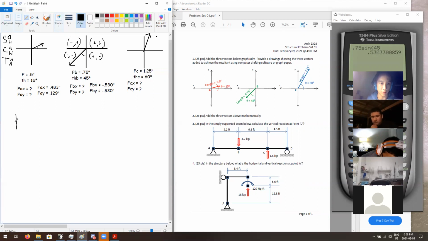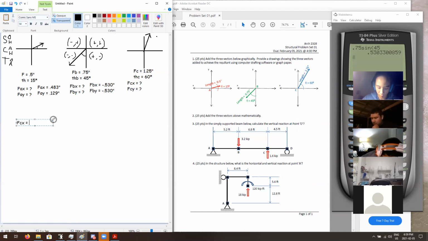Cool. Let's do this. FCX. I'm just going to type it out to make it faster. F sub cx is equal to F sub c cosine of theta.